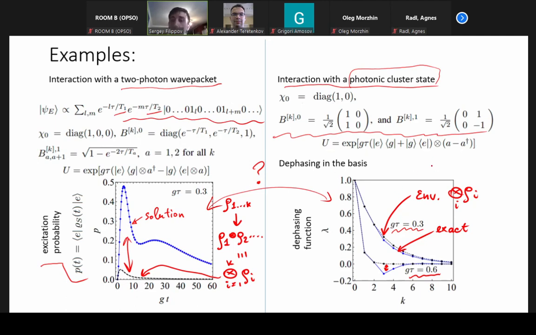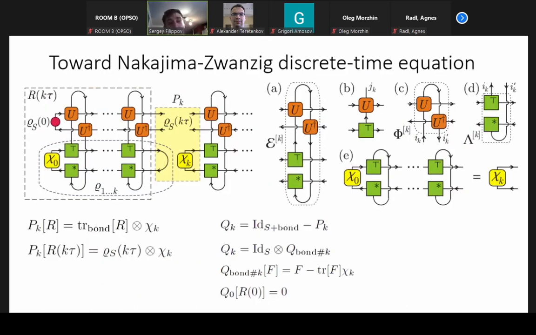Actually, this is the reason why the first two interactions give the same results. So the first two interactions coincide. And the analysis of those correlations is easy to perform with the Nakajima-Zwanzig projection formalism.